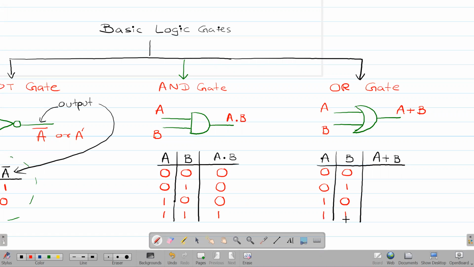The first three rows will go the same way that we do the mathematical addition. So 0 plus 0 gives you a 0. 0 plus 1 will give you a 1. 1 plus 0 will give you a 1. The fourth one is the specialty. 1 plus 1 will not be taken as 2. 1 plus 1 will be considered as 1.